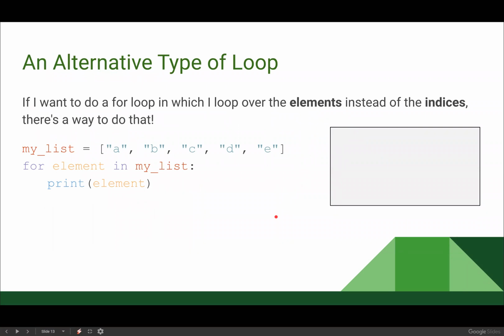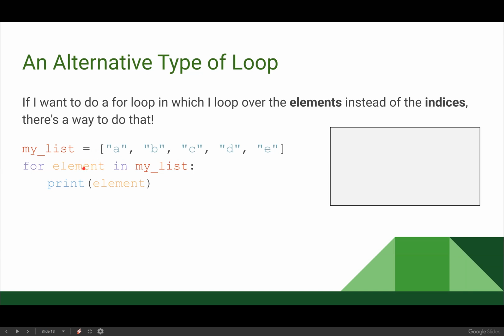There is, however, an alternative kind of loop where instead of looping over the indices for a list, we can loop over the elements themselves. So if my list is still A, B, C, D, E, I can say for element in my list. So instead of having a range here, now we're just saying we want to loop for each thing in my list, in my collection of things.